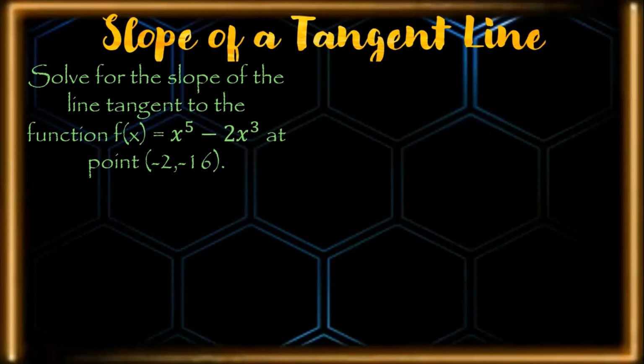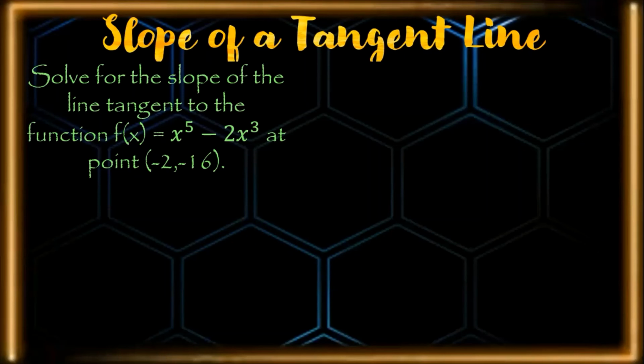Whereas if we use the other two methods, it is very time consuming because the degree of the given function is no longer 2, so it will really take time for us to simplify. So I would suggest that you use the concept of derivatives.